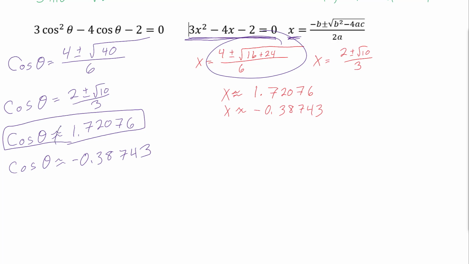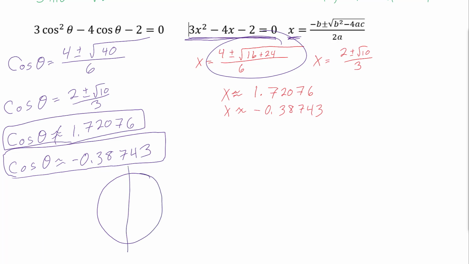We do need to figure out what theta is for cosine theta equals negative 0.38743. So let's think about this a little bit. We've got our unit circle, and if cosine theta is negative, that means it's either going to be in the second or the third quadrant. And we know that the two angles are going to have the same reference angle, and I like to call my reference angle alpha.